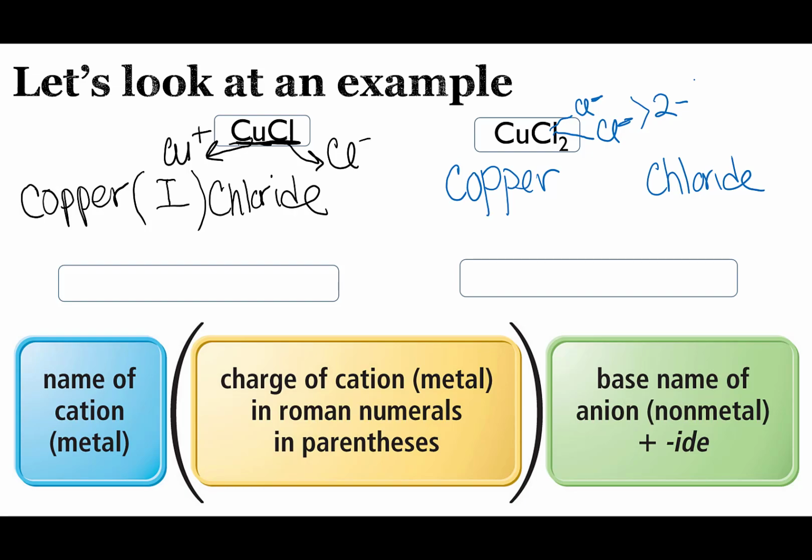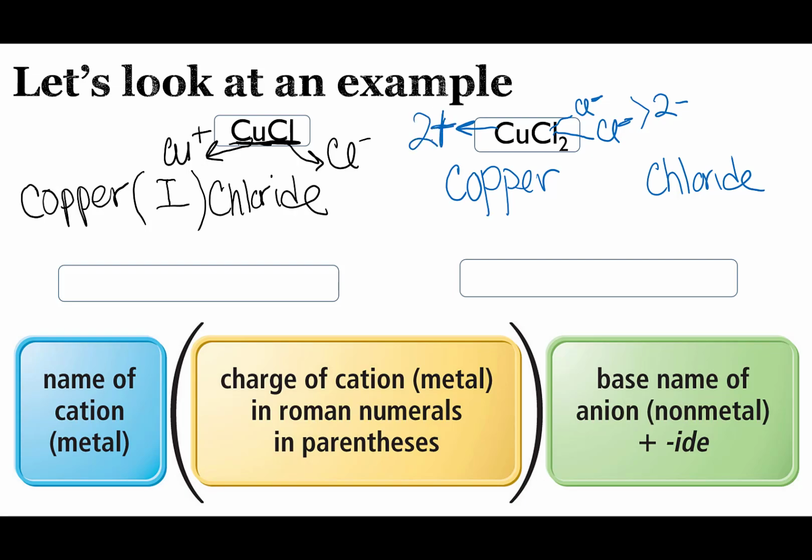Now go over to the other side for copper. I've only got 1 atom of copper on this side. So that 1 atom of copper is going to have to balance out or take care of that -2 charge. So what must the charge be on this 1 atom of copper? Yeah, he's got to have a +2 charge.